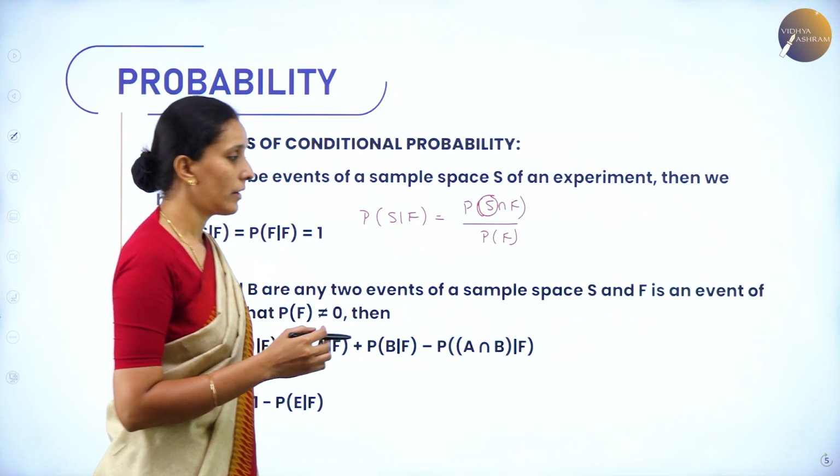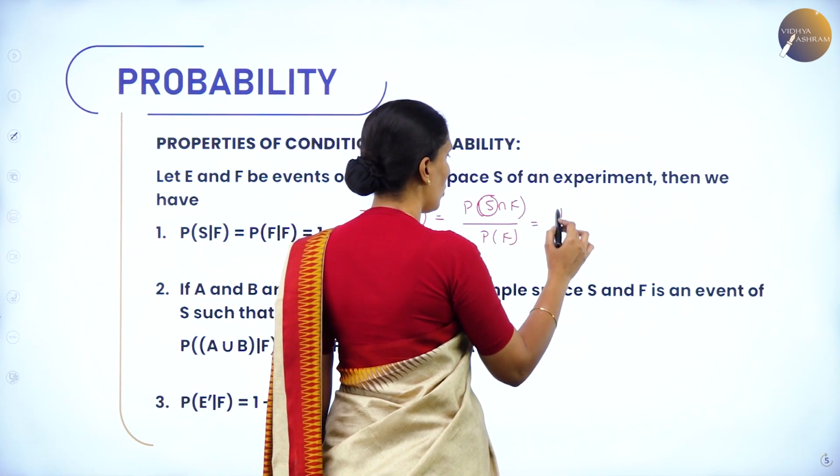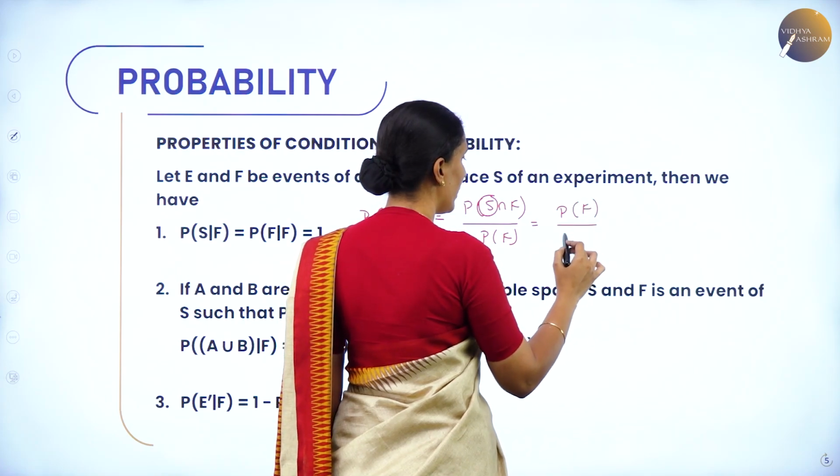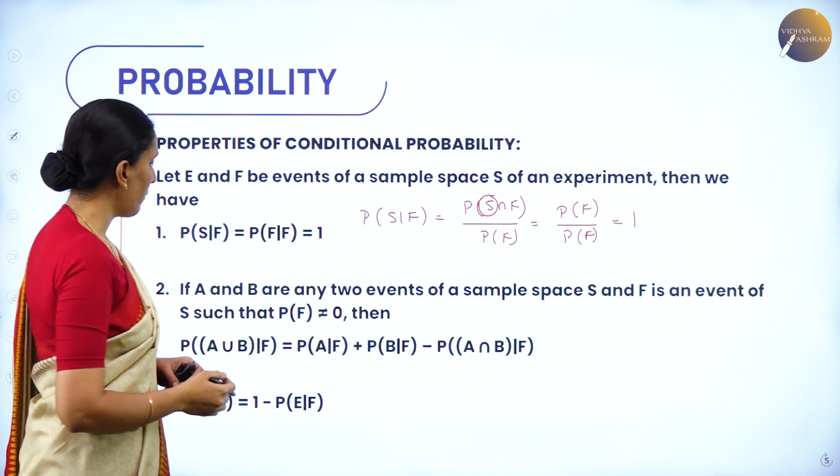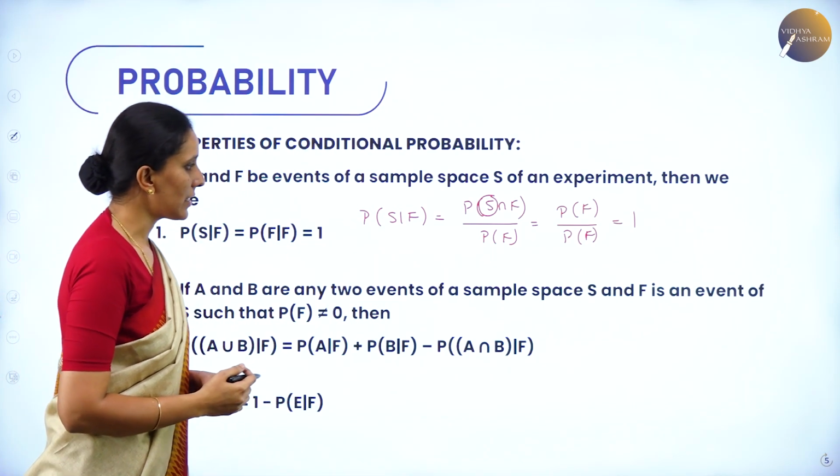So when you intersect S intersection F, then we obviously get probability of F divided by probability of F, which is equal to 1.